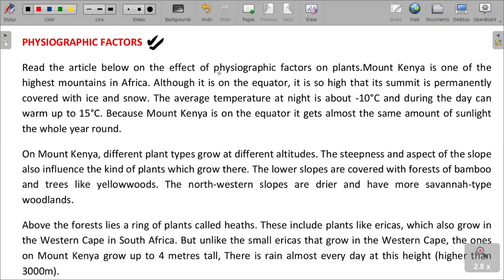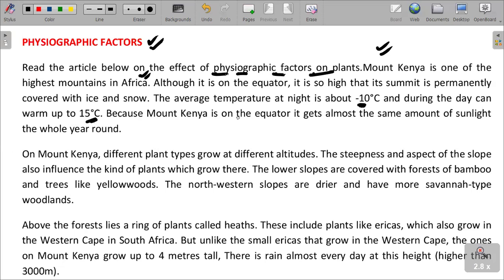Effect of physiographic factors on plants. Mount Kenya is one of the highest mountains in Africa. And although it is on the equator, it is so high that its summit is permanently covered with ice and snow. The average temperatures at night are -10 degrees, and during the day can be warm up to 15 degrees.